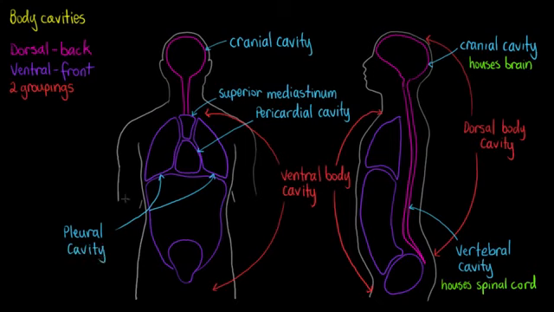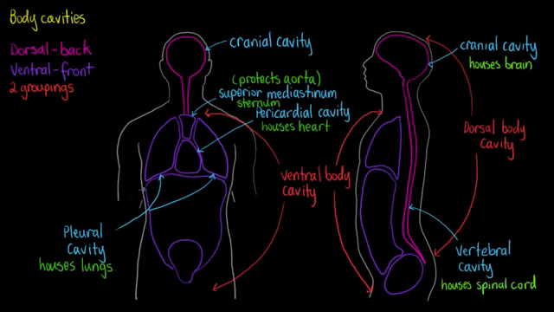We are housing the heart in the pericardial cavity, just taking a note of that there. And now the sternum, which is a flat bone on the front of the superior mediastinum, protects the trachea and esophagus, but also protects our aorta, which is the largest artery in the body. So just write that down, protects the aorta. And apart from that, our lungs are being housed in the pleural cavities.